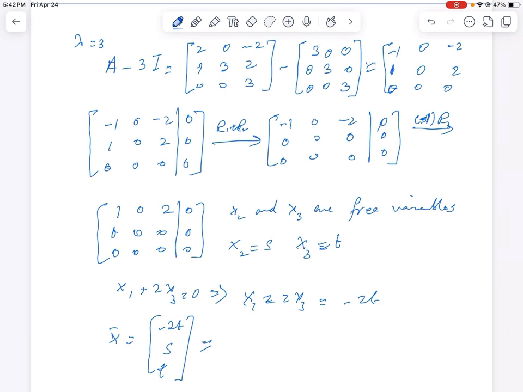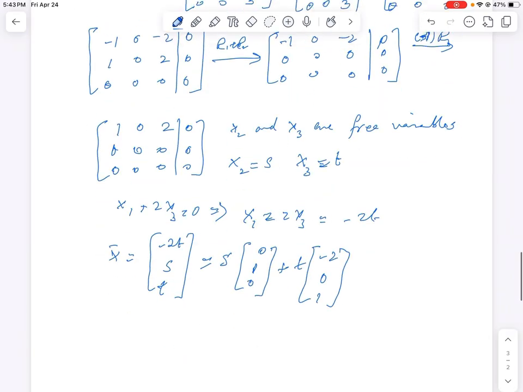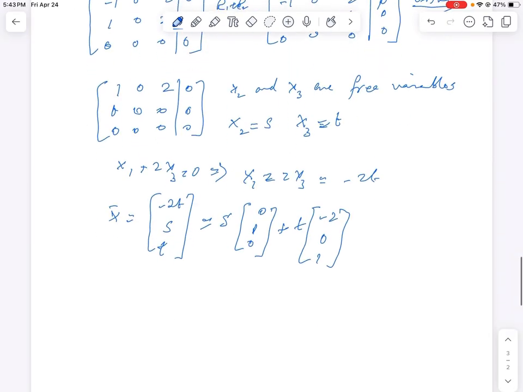We can write the one with s as 0, 1, 0, and the one with t as plus t times negative 2, 0, 1. So these are the eigenvectors of A corresponding to lambda equal to 3.